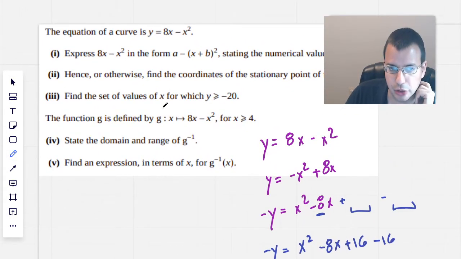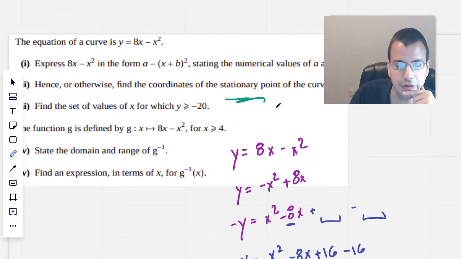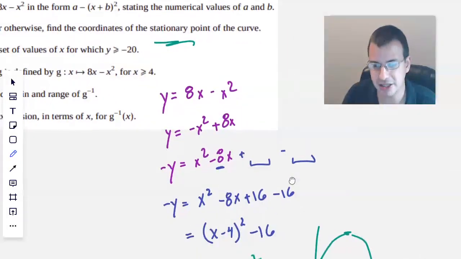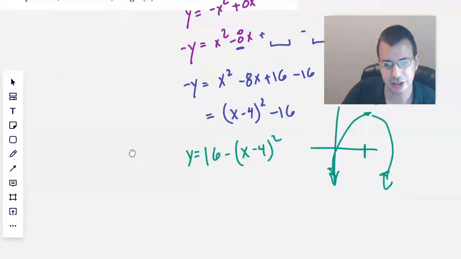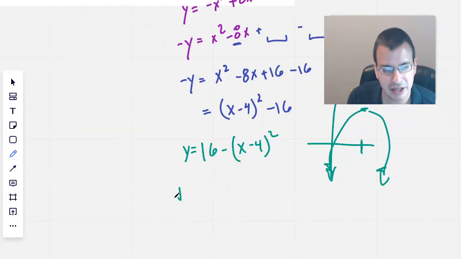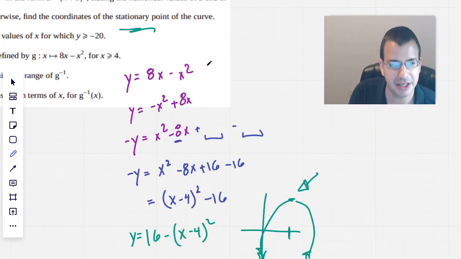So hence, or otherwise, find the coordinates of the stationary point of the curve. So I'm going to call the stationary point the max or min, that point right there where it's flat. So we'll say dy dx equals, and I could probably use this one up here, might be easier.